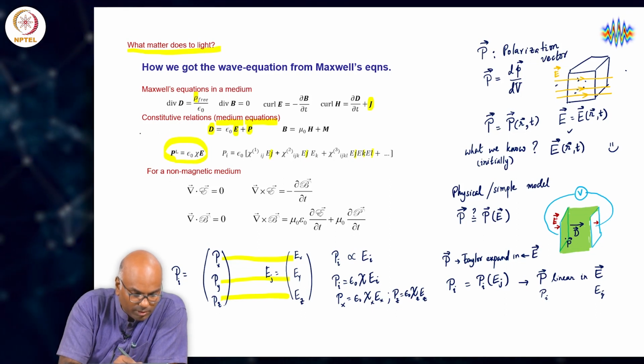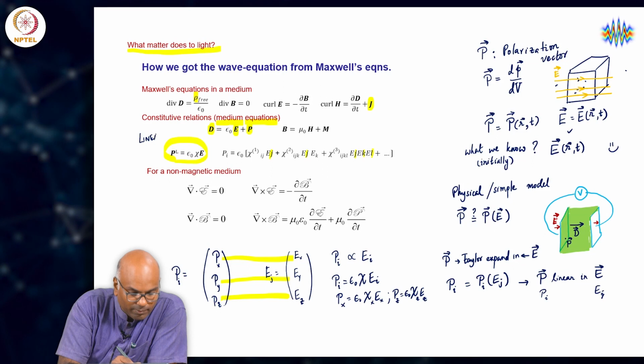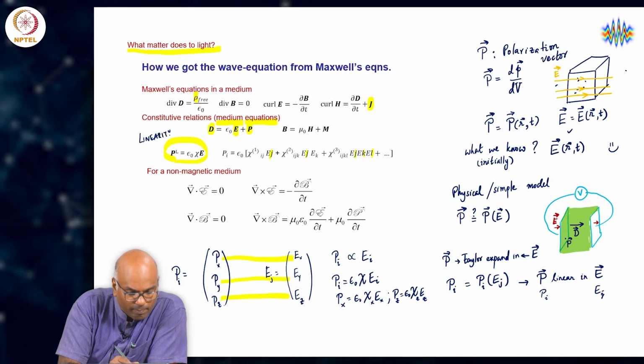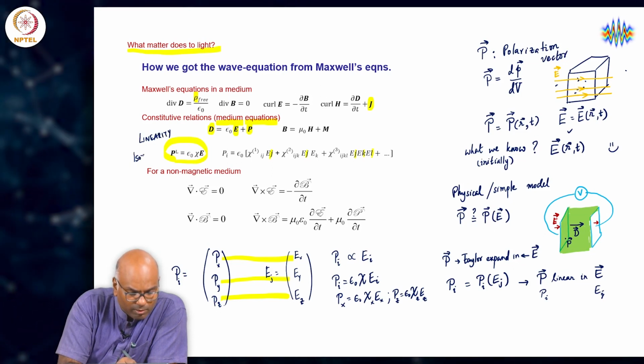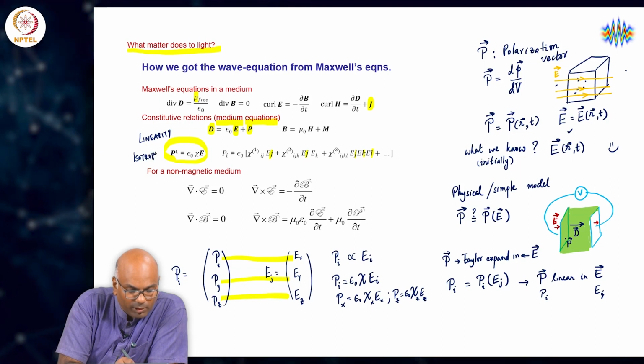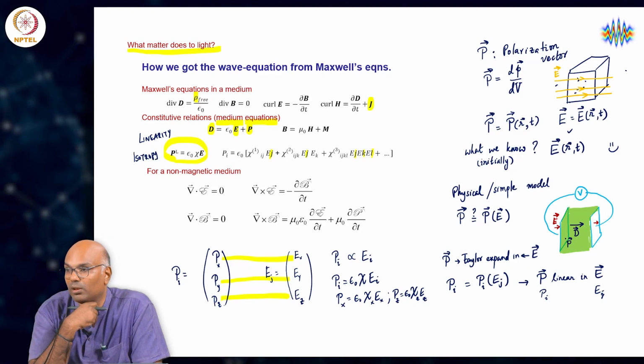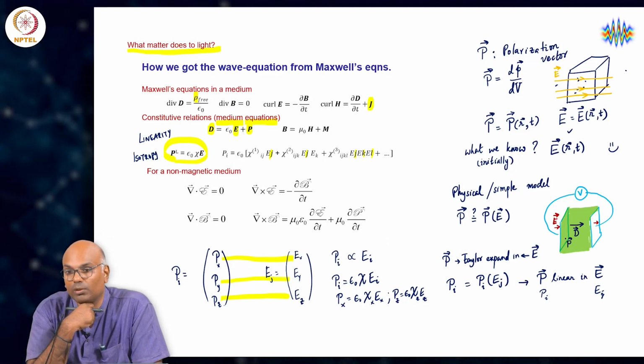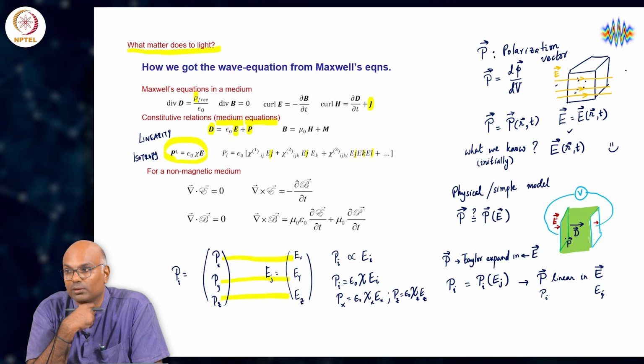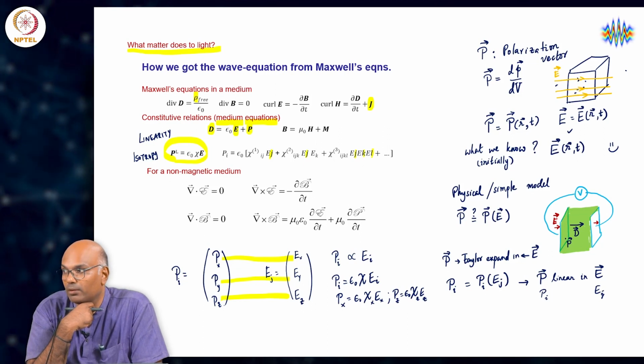Isotropy because the coefficients for the 3 eigen directions x, y, z are all three of them equal. That is isotropy.